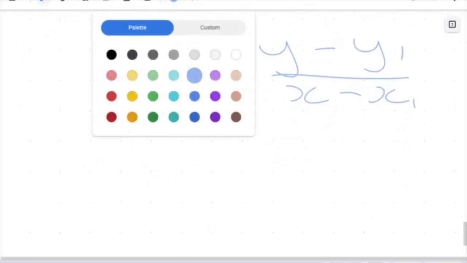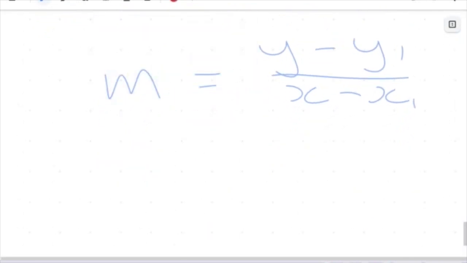Now, if we wanted to make y minus y1 the subject of the equation, we're going to multiply both sides by x minus x1. Because this is saying y minus y1 divided by x minus x1 equals m, if I wanted to rearrange this equation, I can just multiply both sides by x minus x1 to undo this division on the right hand side.